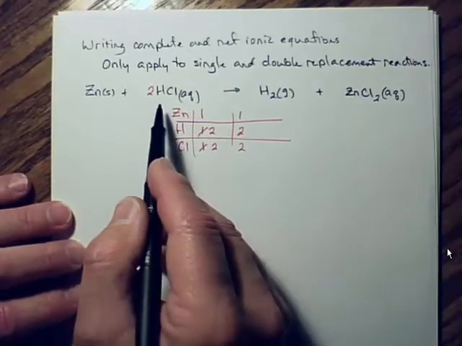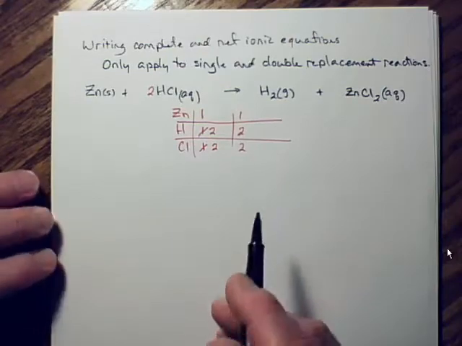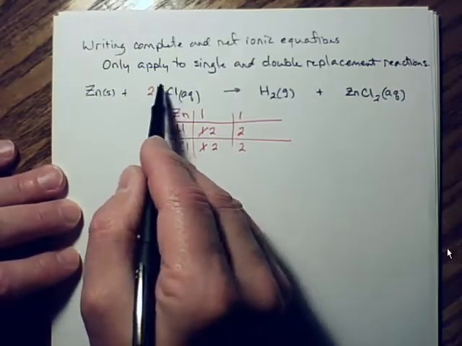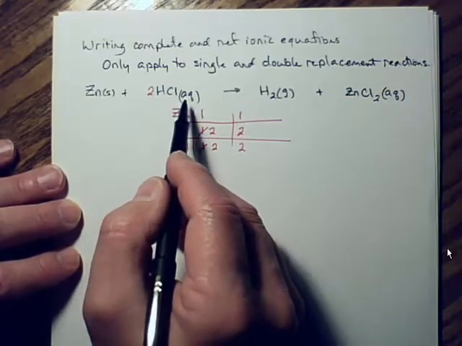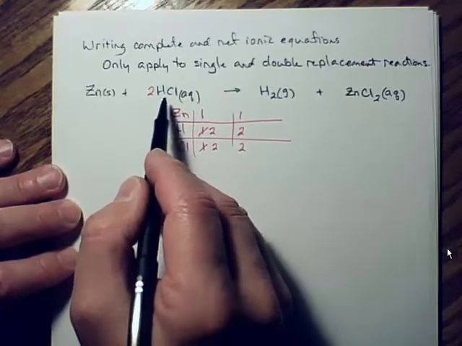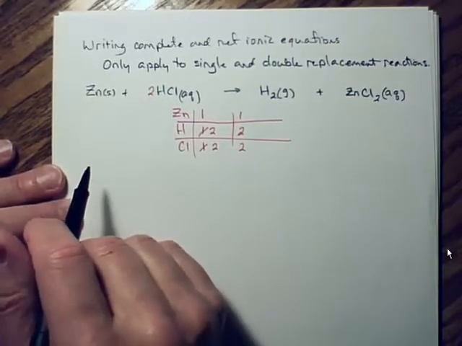And so when they actually dissolve, they dissolve by breaking up into separate ions. So in reality, once you put hydrochloric acid or hydrogen chloride in water, it's not really HCl anymore. It's H+ and Cl- that is dissolved and floating around in the water.